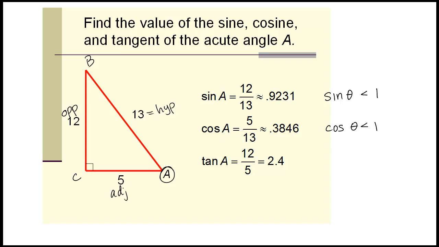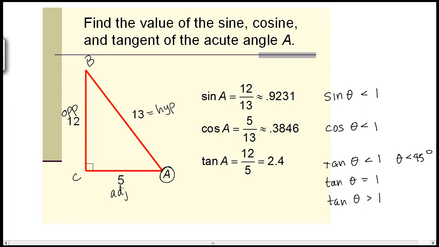Now when it comes to tangent, tangent doesn't have that, because tangent does not use the hypotenuse. Tangent of angle A can be less than 1, it can be equal to 1, and it can be greater than 1. And here's a little trick with that. If the tangent of the angle is less than 1, that means the angle itself is less than 45 degrees.